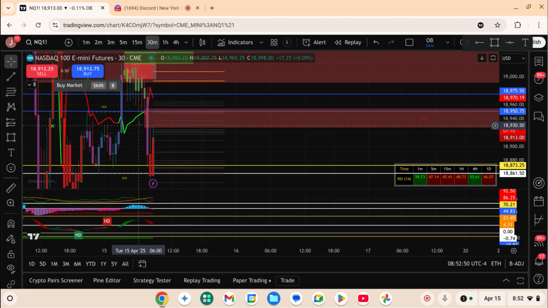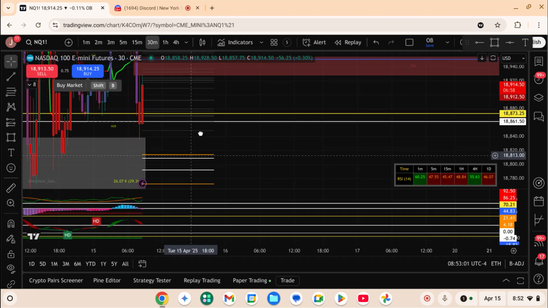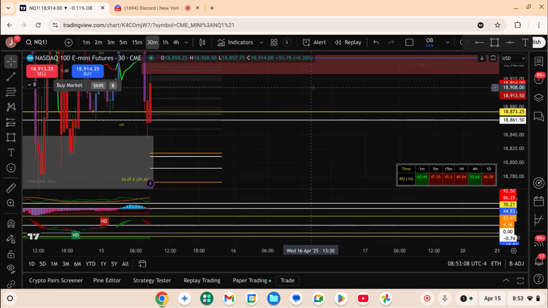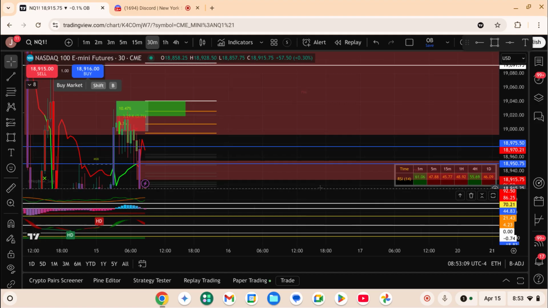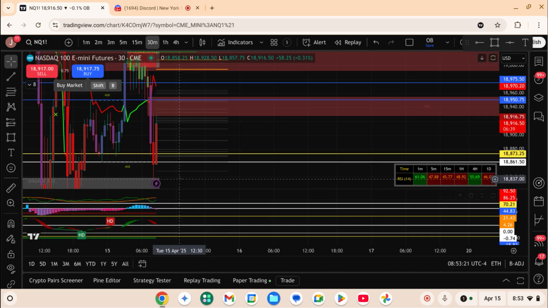So we'll probably fill this gap and make a high and then drop down to here. If it fills that gap and doesn't break through here with strong momentum, then it's definitely reversing and coming all the way back down.